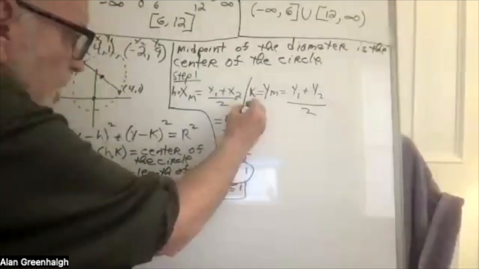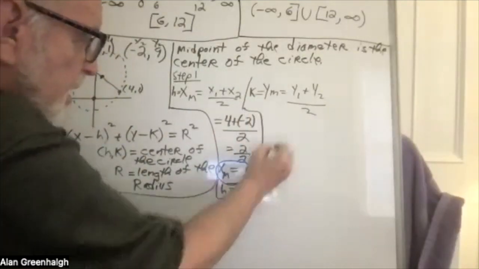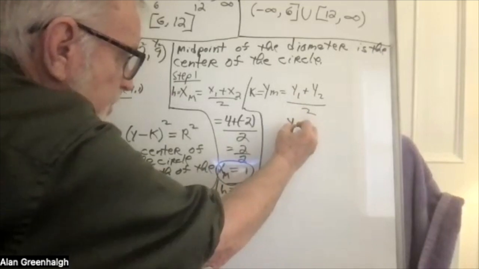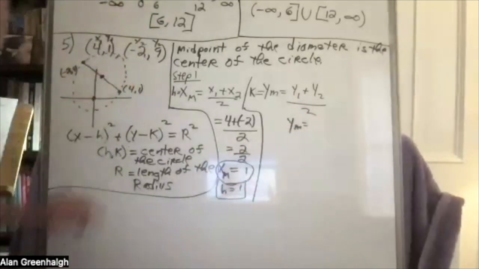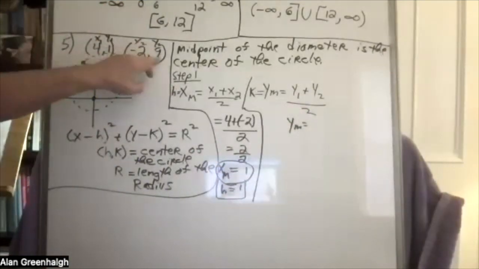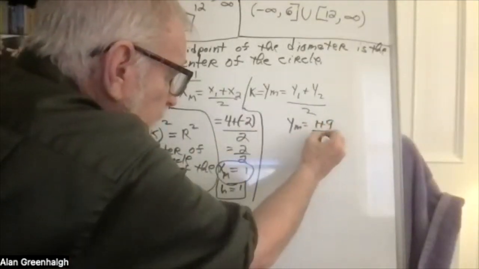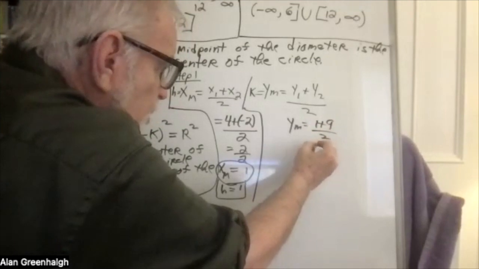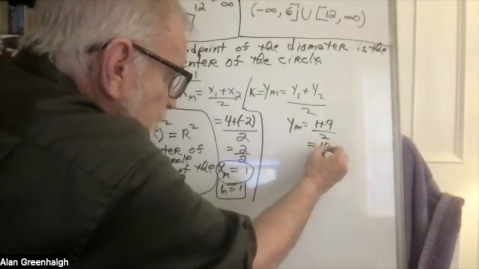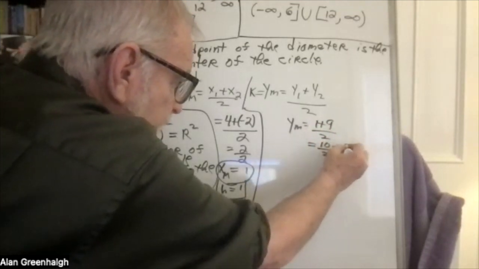And now we do the y coordinate. So y sub m will equal 1 plus 9 over 2, which equals 10 over 2, which equals 5.